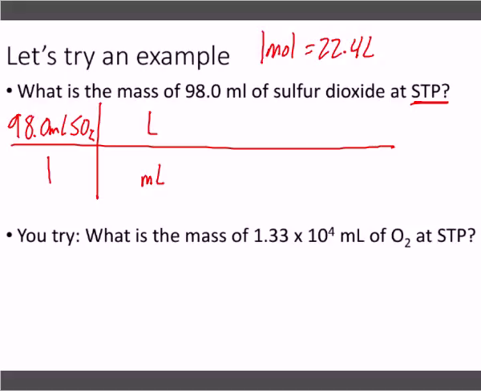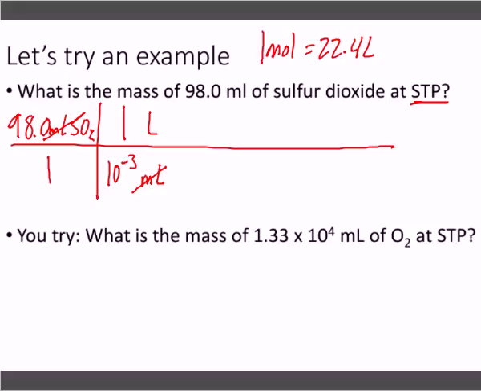Liters, right? Because base unit means the one that has no prefix. The base unit always gets the number 1. Then our prefix is the one that gets the power. What's the power for milliliters? 10 to the negative 3. So we have now successfully converted between milliliters and liters.